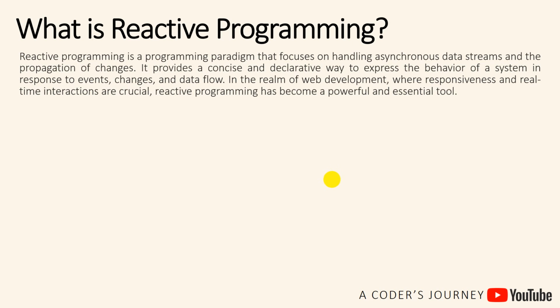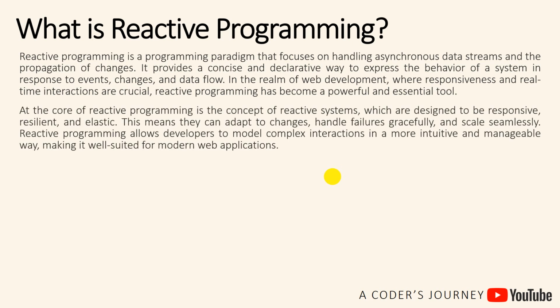And more often than not, these events, changes, and data flow are asynchronous. Now, in the realm of web development, where responsiveness and real-time interactions are crucial, reactive programming has become a powerful and essential tool. At the core of reactive programming is the concept of reactive systems. These systems are designed to be responsive, resilient, and elastic.